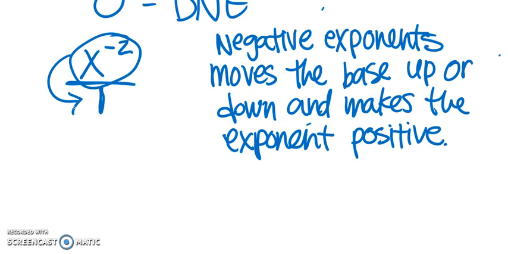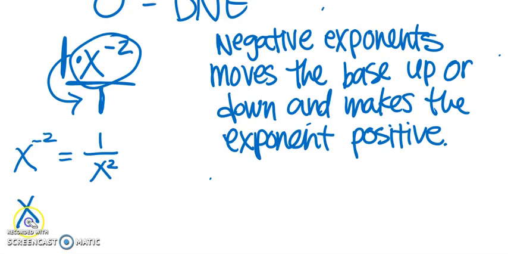Now, what does that mean that's at the top? It's a 1 that's at the top because you can multiply anything by 1 and it's still the same thing. So now I'm going to have 1 at the top and I'm going to have x squared at the bottom because I said it makes the exponent positive. So once you move it, it makes the exponent positive. So x to the negative 2 equals 1 over x squared.